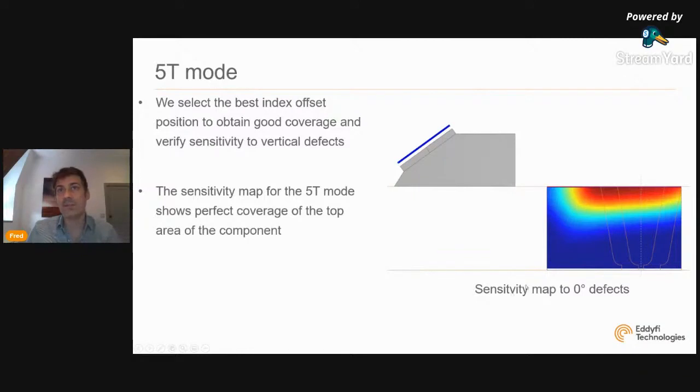I can see here that for that particular position, for the defect right here, I have very small variation of sensitivity. Again, remember, the map I'm drawing right here is only for a 0 degree defect. Anyhow, it seems that I have good coverage of my area looking for vertical defects.